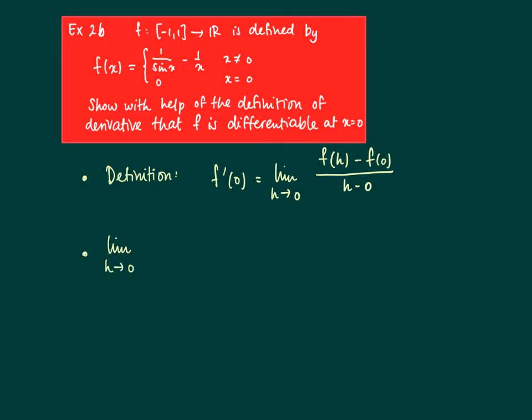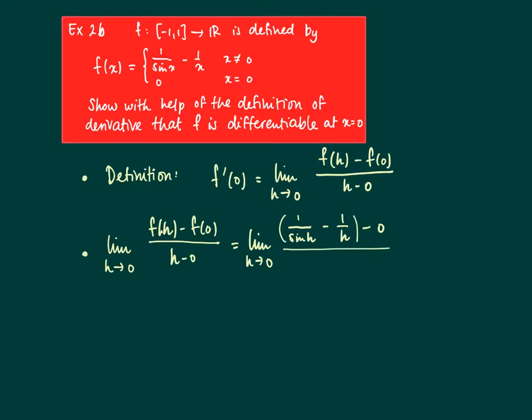Well, we try to calculate it. The limit of h going to 0 of (f(h) minus f(0)) divided by (h minus 0) equals a limit of h to 0, and here again we may use the fact that h is not 0, so f(h) is actually this part of the definition of f, divided by h, which is, if we take the proper terms together, (h minus sine of h) divided by h squared sine of h, a trick that we used in part 2a.